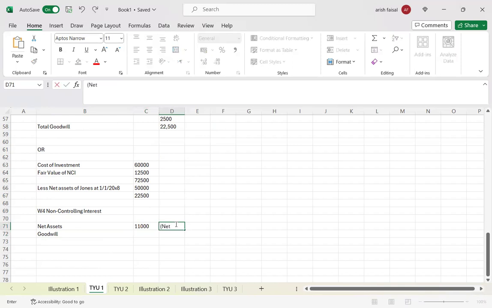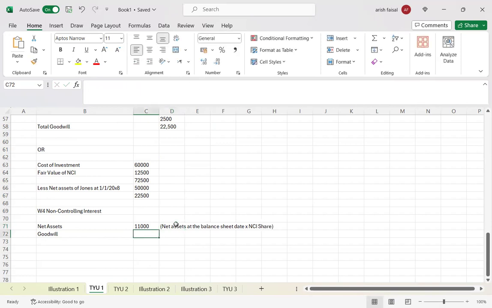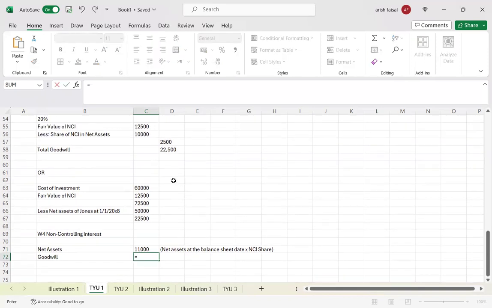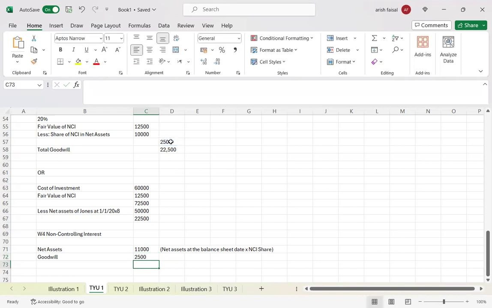So net assets at the balance sheet date into your NCI percentage or NCI share, right? So that's how you find out the net assets which belong to your NCI. And as far as goodwill is concerned, you just calculated it right now, which was 2,500. So you're just going to bring that figure here.